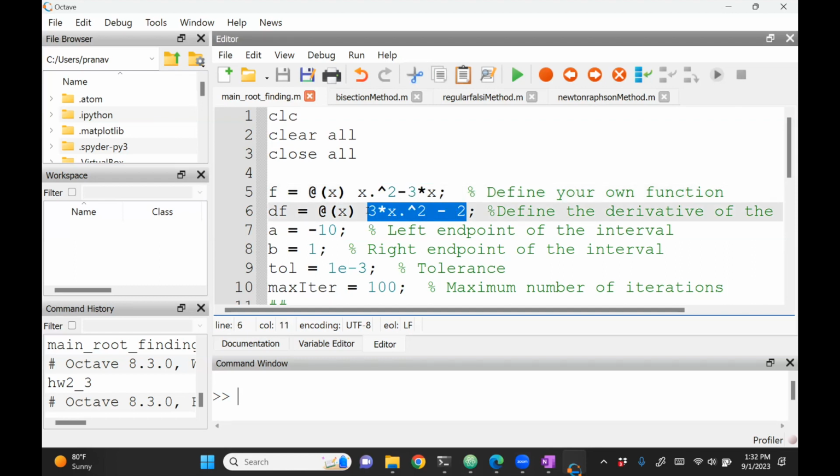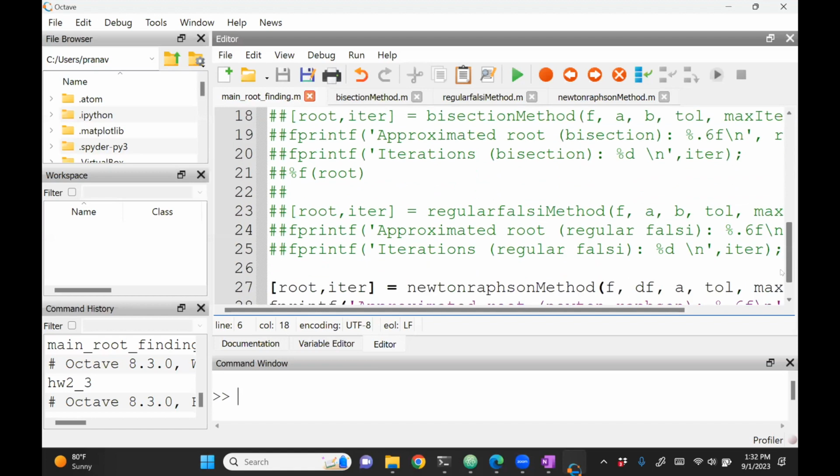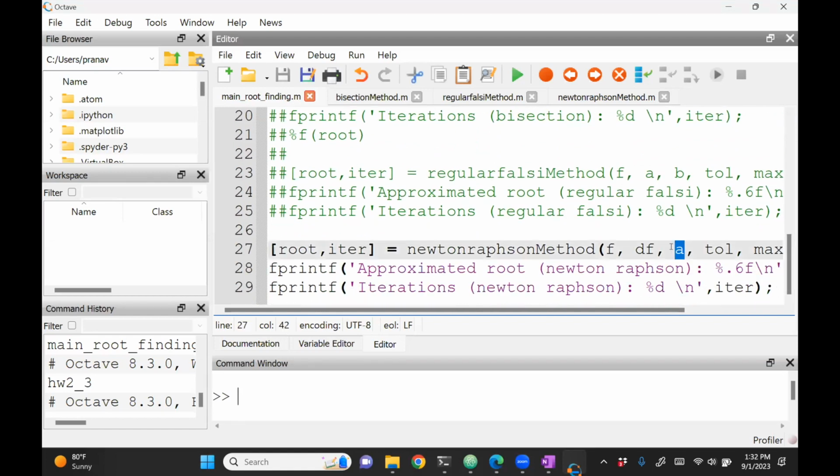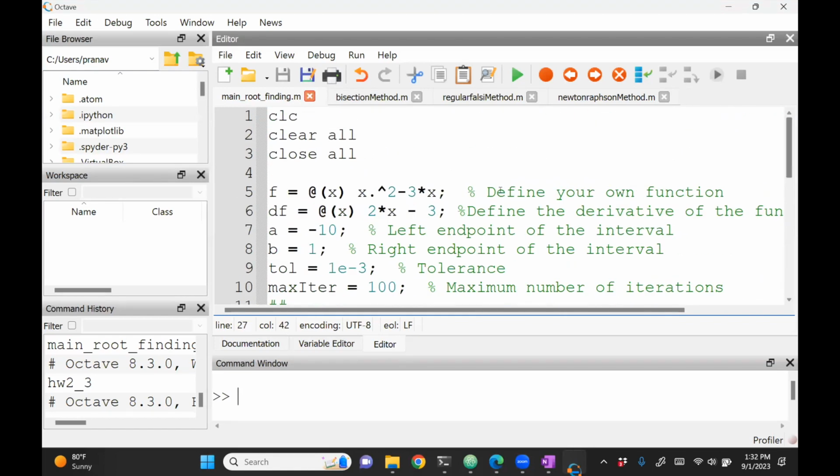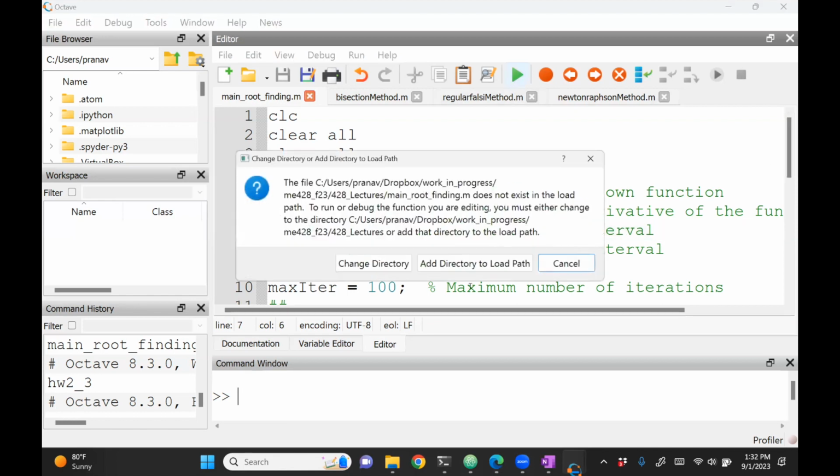The derivative of x squared minus 3x is 2x minus 3. For this one, I only need one guess. A doesn't matter, B doesn't matter. So I gave 4, with tolerance 1e negative 100. Let's just run this.